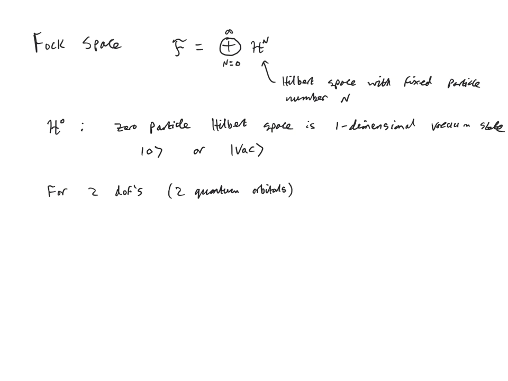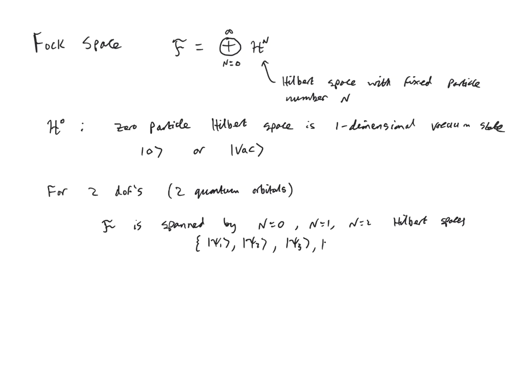So we would have that this Fock space is spanned by n equals 0, n equals 1, n equals 2 Hilbert spaces, which is precisely these set of states psi1, psi2, psi3, and psi4 that I enumerated on the previous slide.